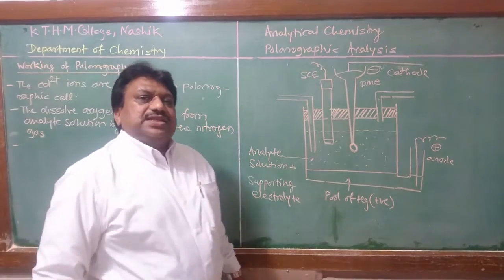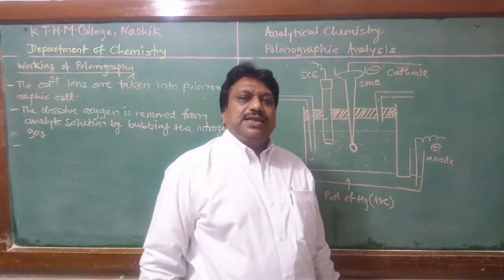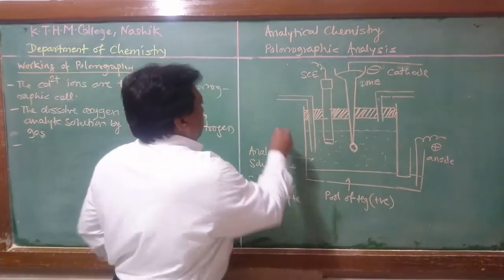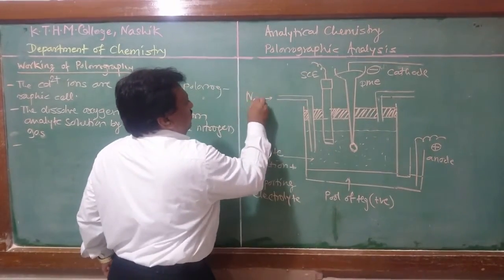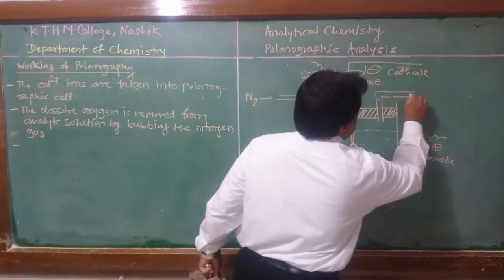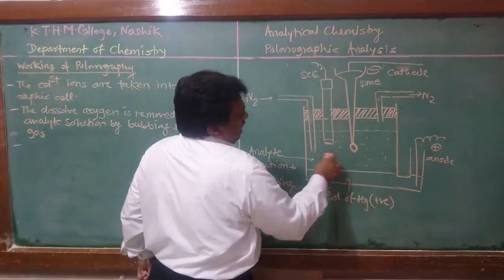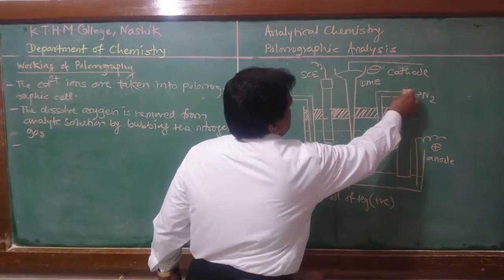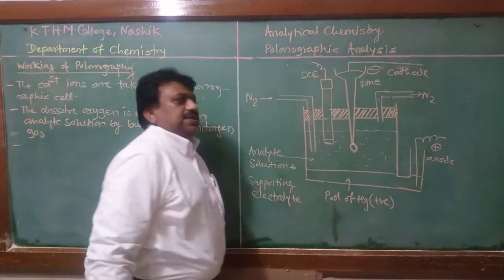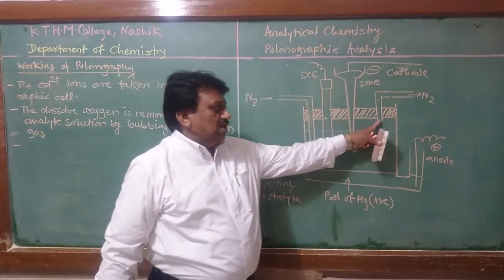The dissolved oxygen can be removed by bubbling the nitrogen gas through this inlet, and here it will be mixed with the analyte solution, and then oxygen or extra nitrogen gas is given out through this outlet.